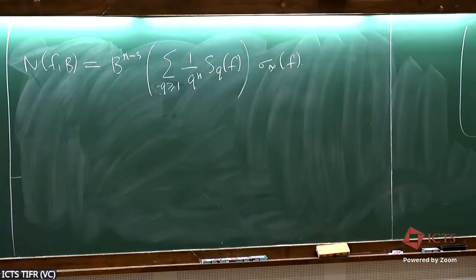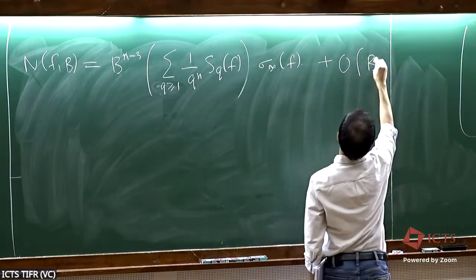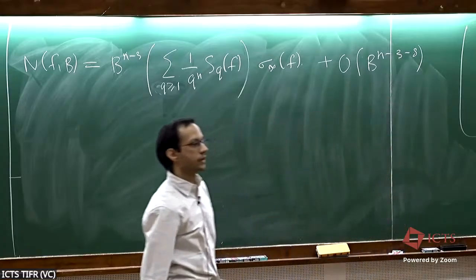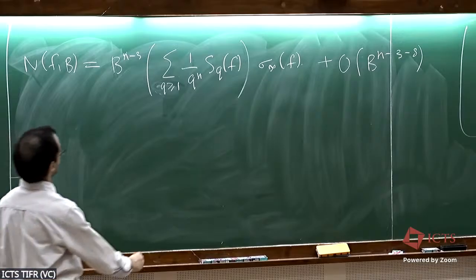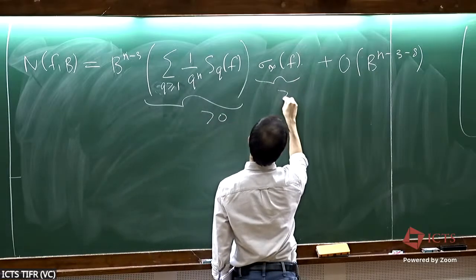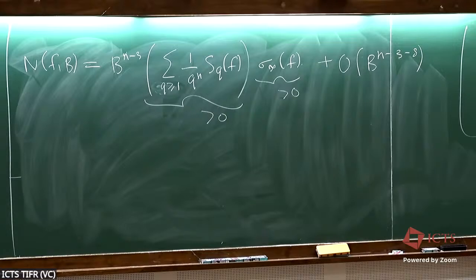So what one ends up getting over here, plus an acceptable error term. For the acceptable error term, let me just write B to the N minus 3 minus a certain small delta that can be worked out. Okay? So one can choose the big delta properly, and one has this. At this point, if one can show that this is positive and this is positive, then we are done. We do get a legitimate main term. Right? And that is the result that we are after.